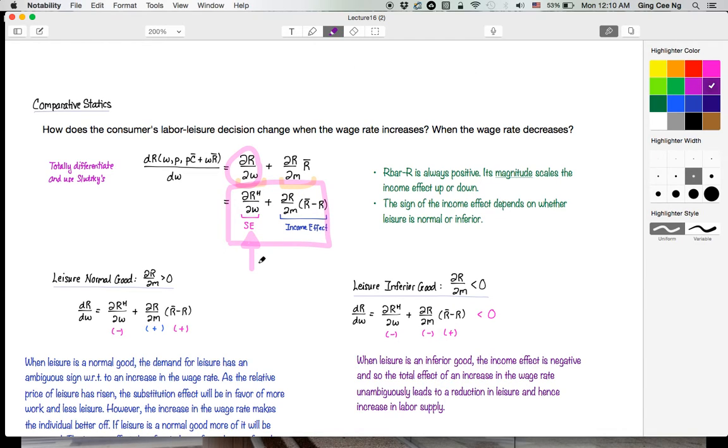It's going to change the slope of the budget constraint, or the opportunity cost of consuming more leisure in light of giving up consumption for leisure. Well, that's going to be your substitution effect. Since your wage went up, the price of leisure has increased.